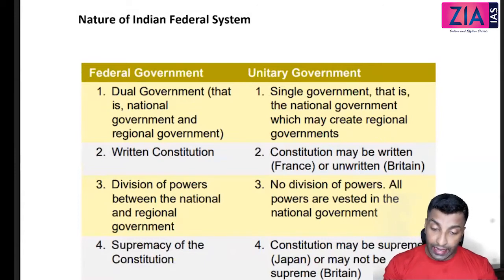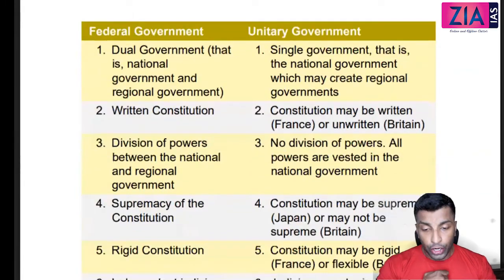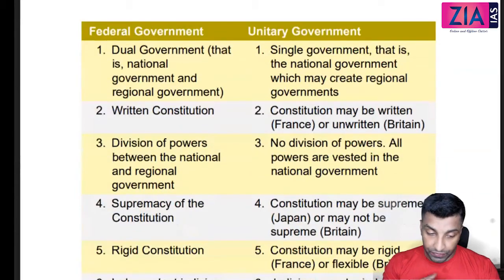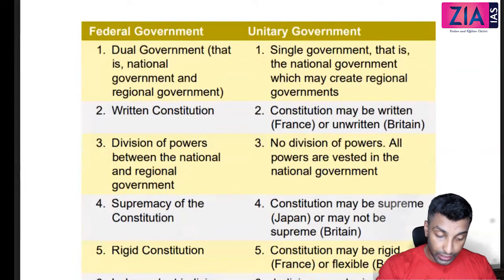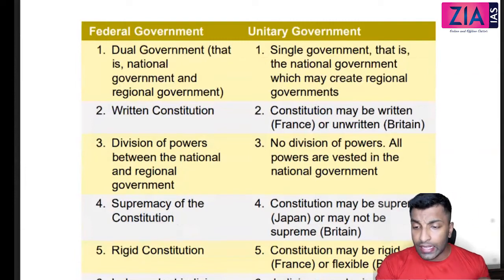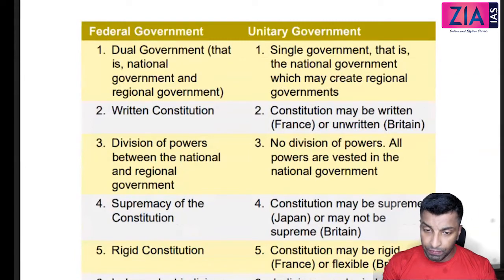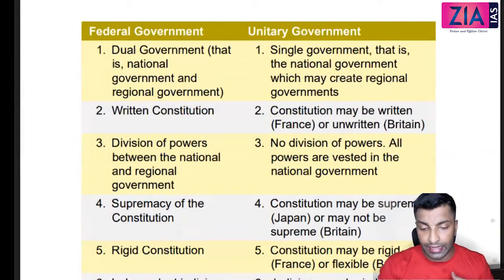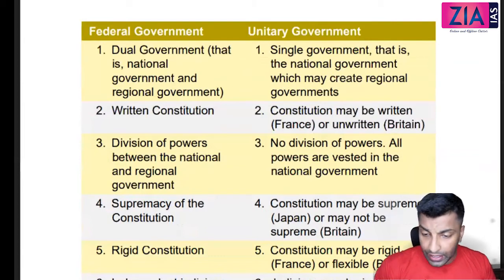If you look at the second one, written constitution, do we have a written constitution? Yes, we have a written constitution. So in that way, one of the most important features to substantiate that our government is a federal setup is satisfied. The first one, the written constitution, is satisfied.